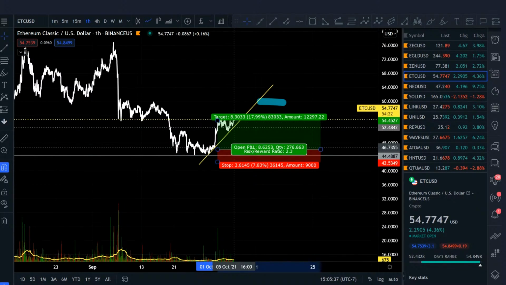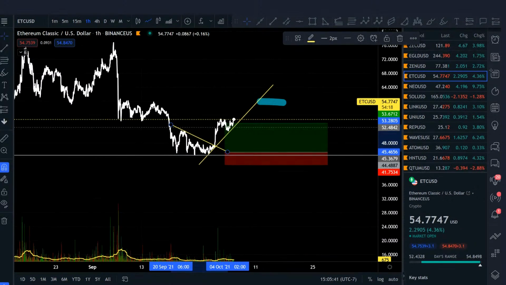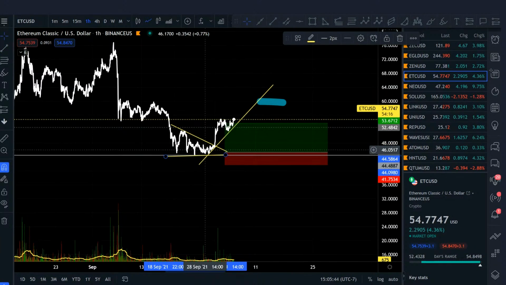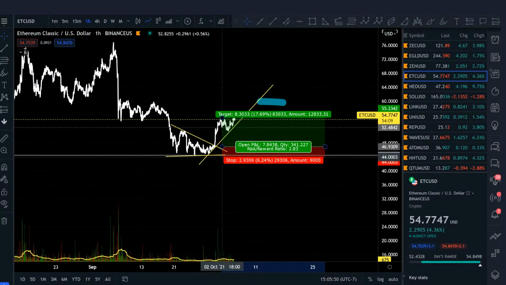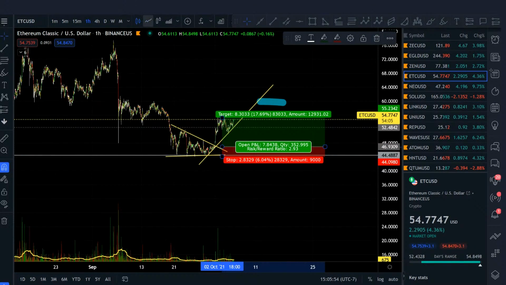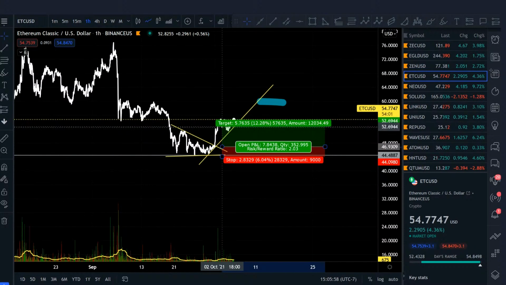Interesting. There is a triangle setup here. It's textbook right here. If we don't crash down to support, then it's most likely going to go the other way. So then somebody pre-planned this trade. All right, put my stop loss below here, 6% below these candle wicks, and my target would be 2 times minimum.